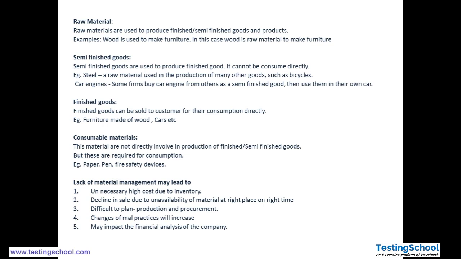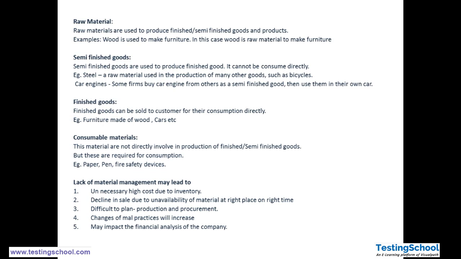Semi-finished goods are used to produce finished goods. They cannot be consumed directly. For example, a tire manufacturing company gives you a tire directly, but you cannot use a tire directly. You need a machine on which the tire will fit, like a bike or a car. So that's why tire comes under the semi-finished goods category. Example, steel is a raw material used in production of many other goods such as bicycles.